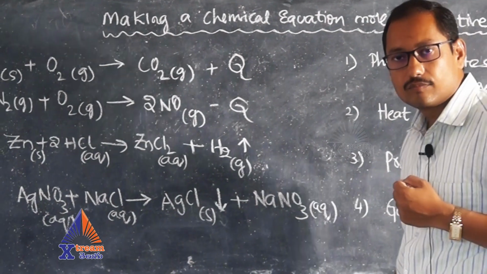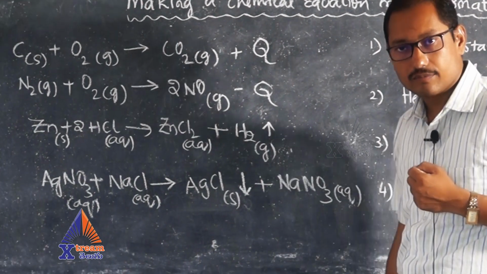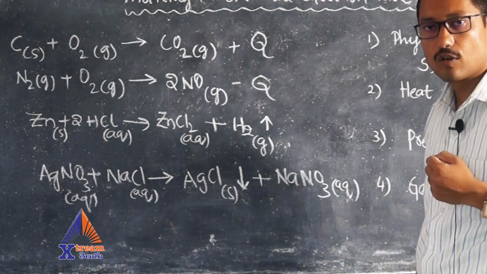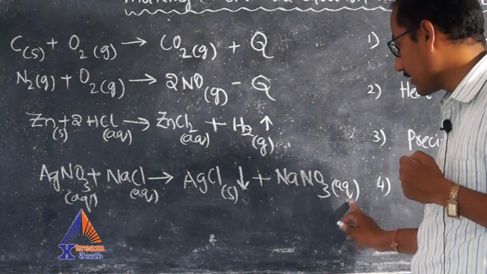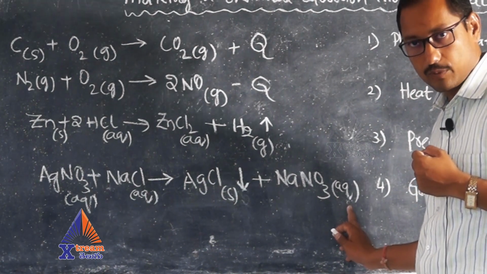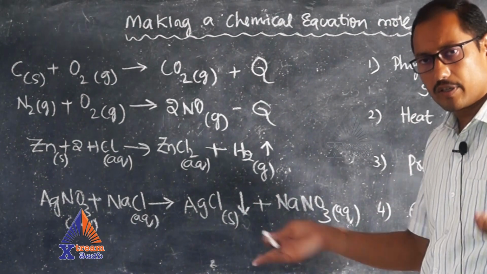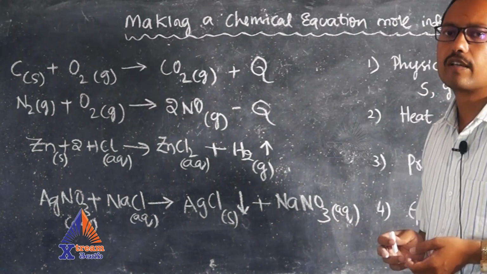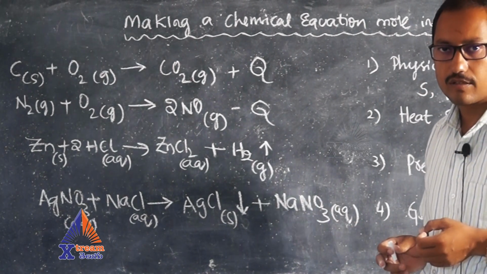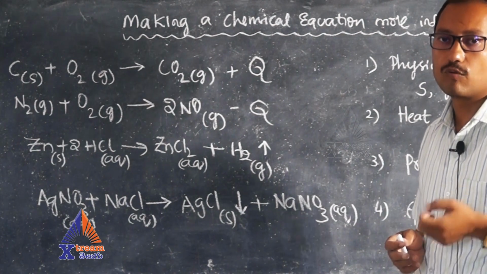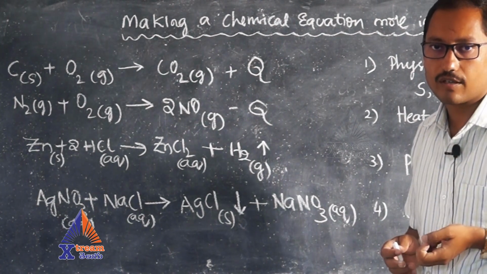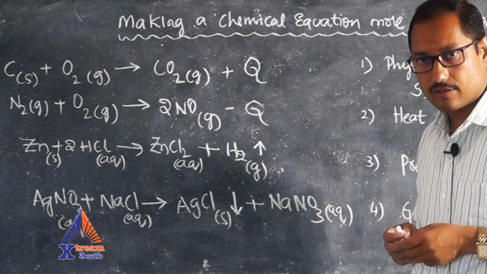NaNO3, sodium nitrate, which can be dissolved in water, is represented as aqueous, AQ. So if it is dissolved in water, then simply we write AQ, aqueous solution. If it doesn't dissolve in water and remains as solid, then we represent it with S.